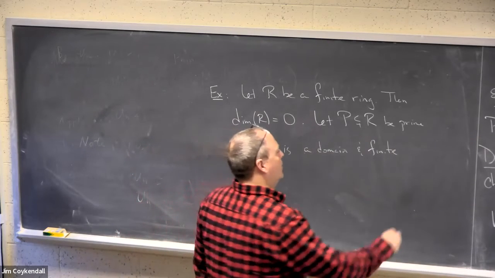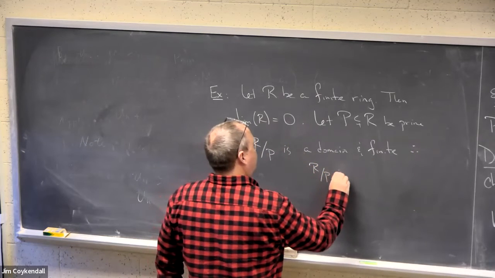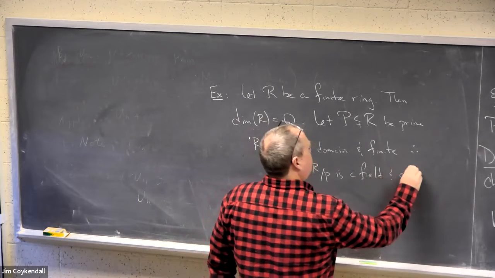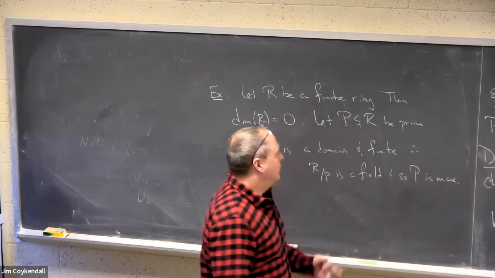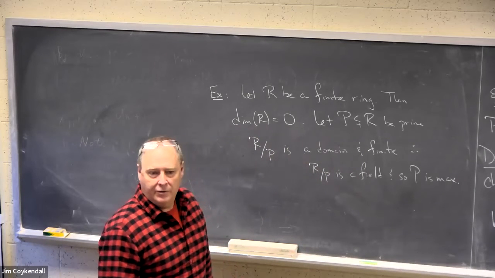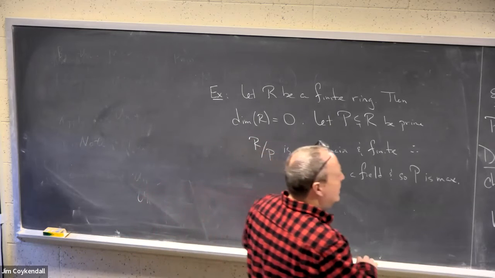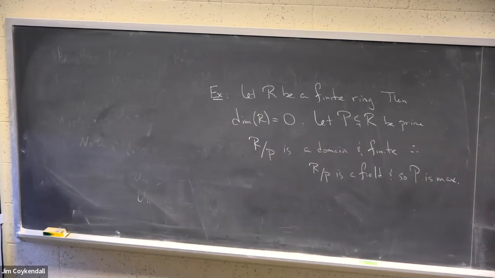Therefore, R mod P is a field. And so P is maximal. So any prime ideal is maximal, so all such things have dimension zero. I think that's kind of pretty. Can anybody give me an example of an infinite ring of dimension zero that's not a field?